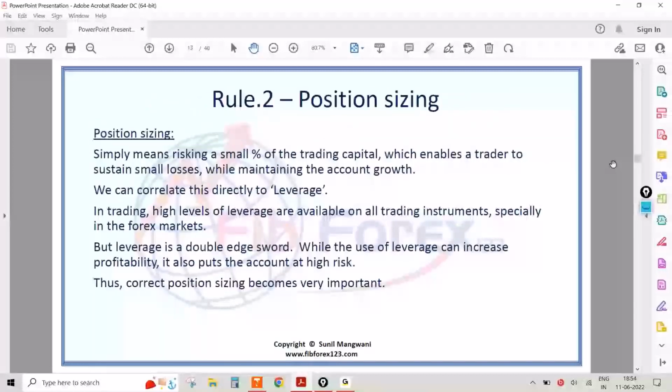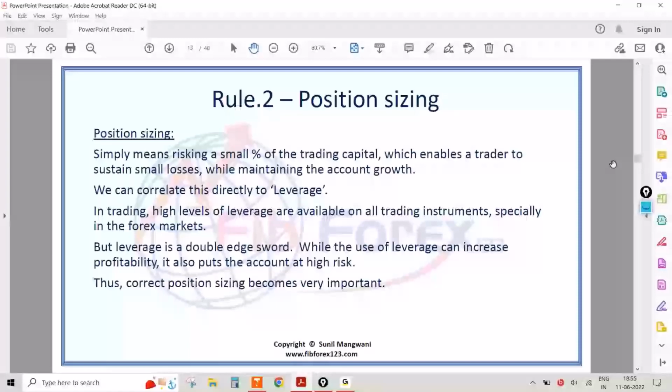So very briefly, position sizing, rule number 2, simply means risking a very small percentage of the trading capital, which enables the trader to sustain small losses while maintaining account growth. Now, you can correlate this directly to leverage. In trading, high levels of leverage are available on all trading instruments, and especially in Forex.